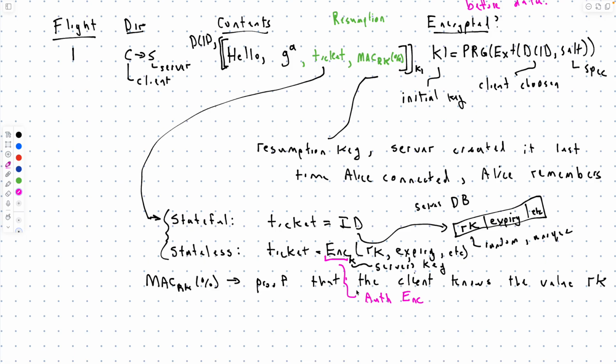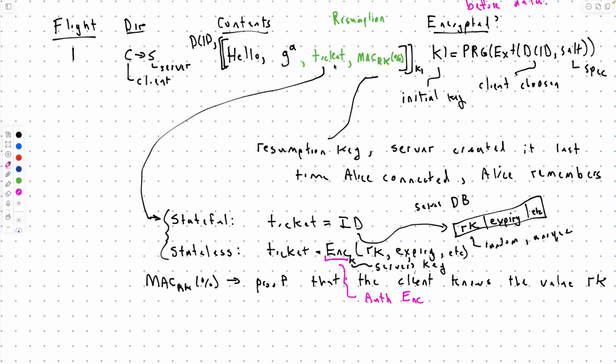So I'm guessing in the previous session the server gave you three things: RK, expiry date, and server key. Yep. So you'll get the payload in here, and then you'll get the ticket itself. And so what Alice will do is she'll remember all of it: the ticket, the expiry, the RK, and things like that.